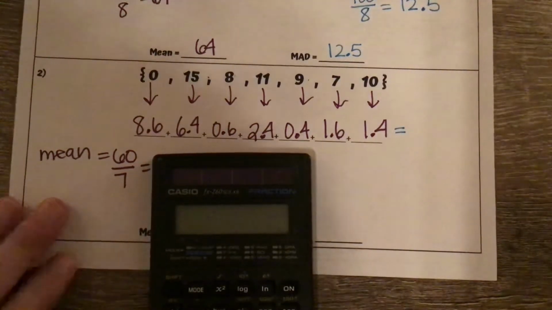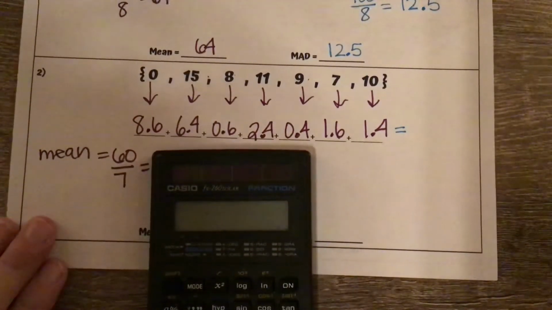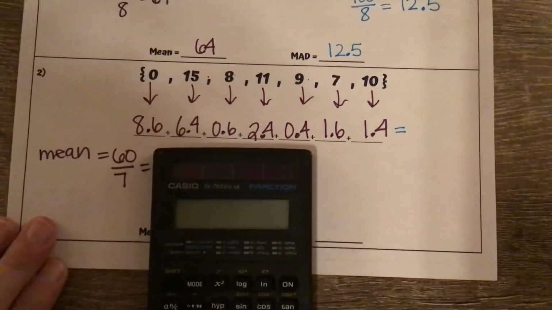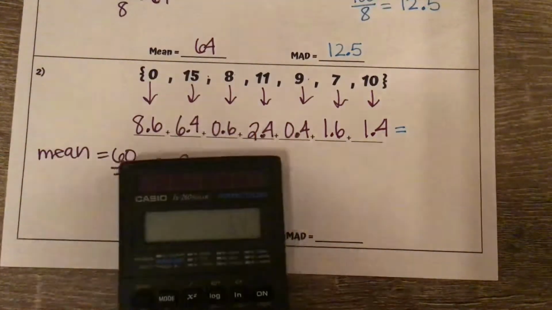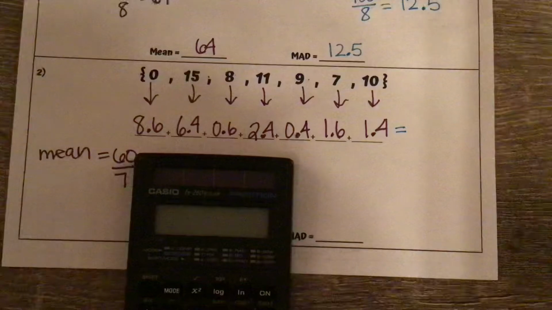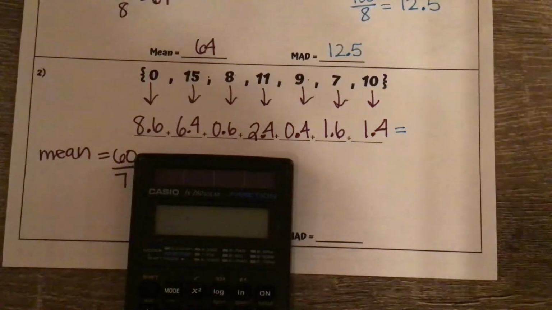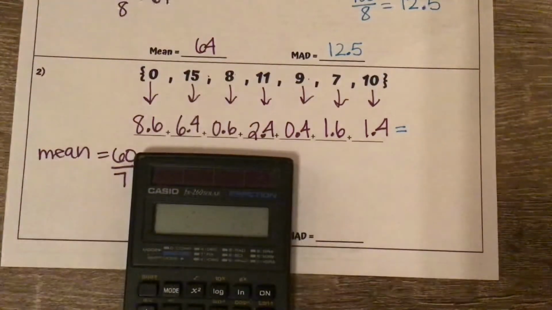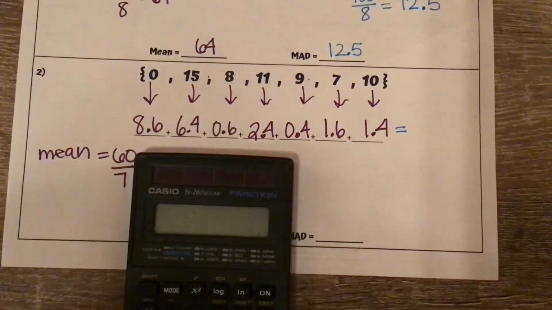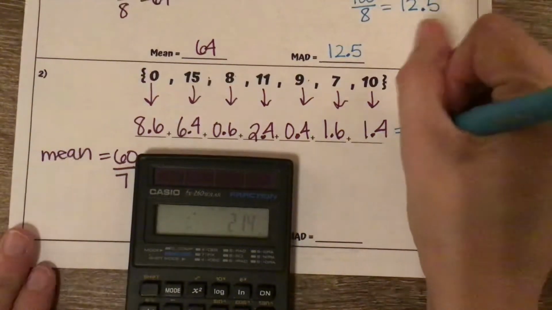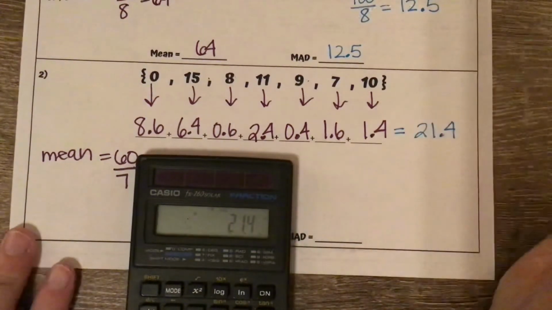So let's clear that all. 8.6 plus 6.4, and be careful when you're plugging in decimals. It's very easy to miss that. Plus 0.6 plus 2.4 plus 0.4 plus 1.6 plus 1.4, and I get 21.4.